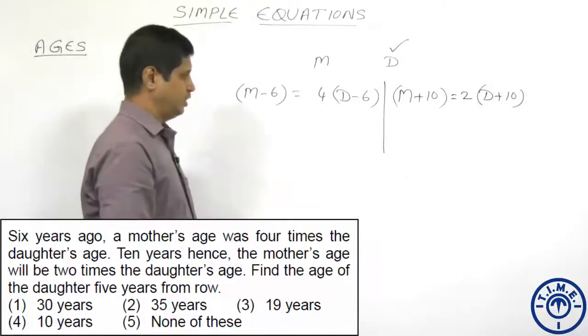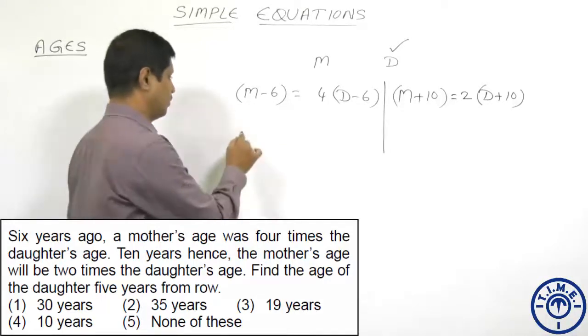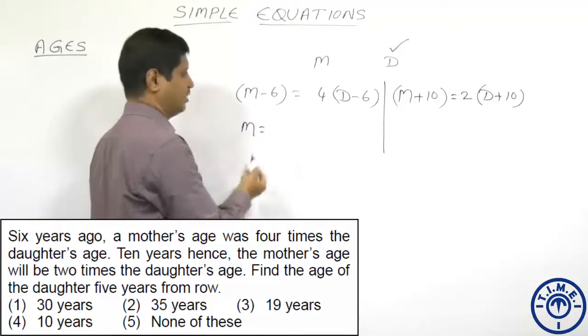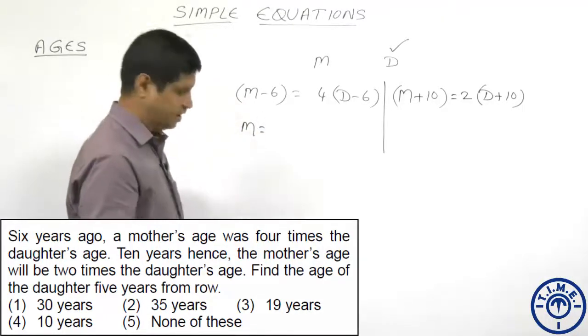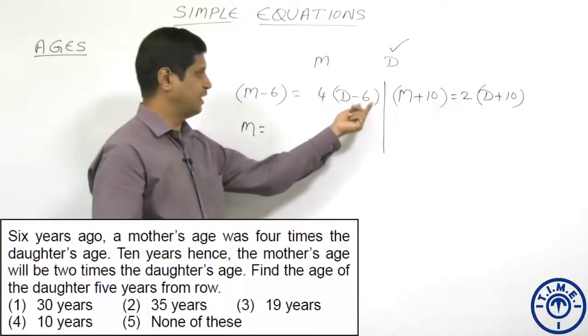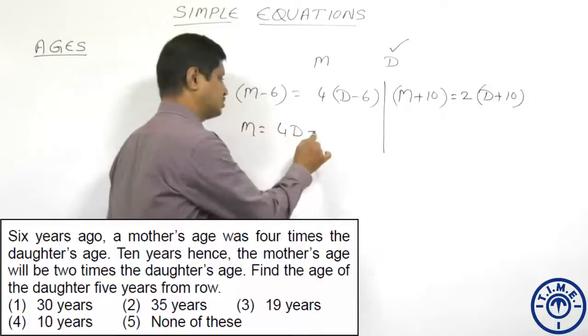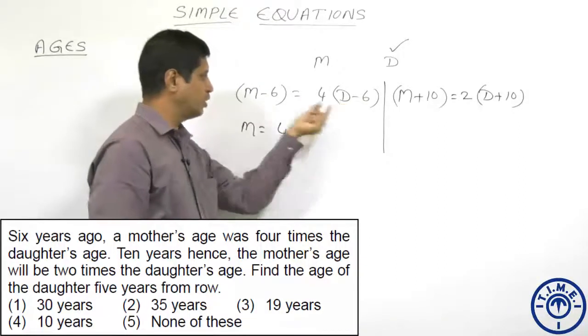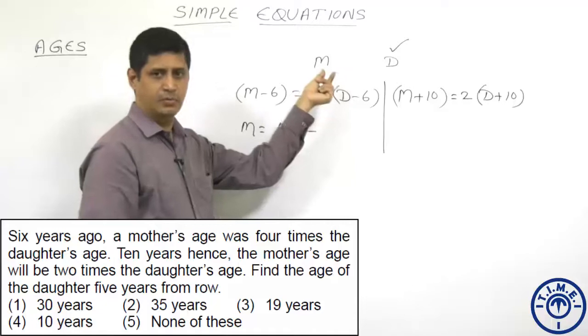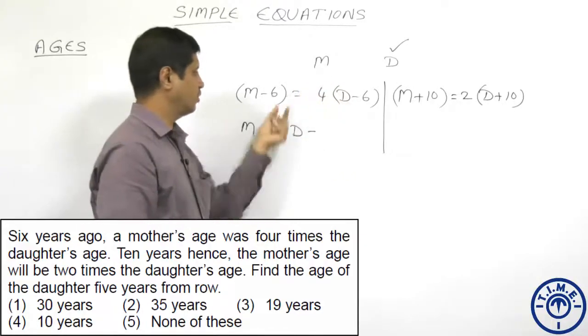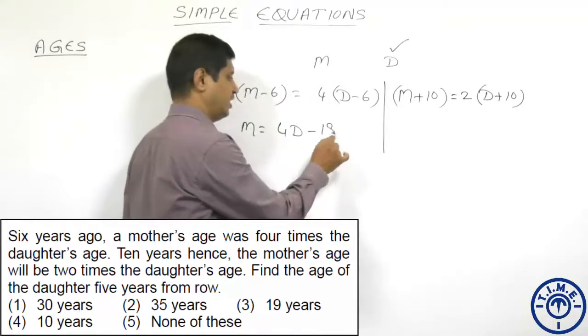Solving these two equations, what is the result? The value of M is 4D minus 24. Now the minus 24, when you take it to the other side, becomes positive 6. So 24 minus 6 is 18.